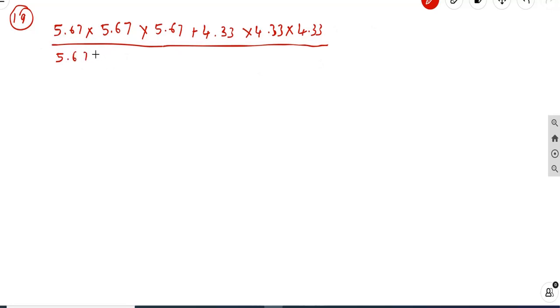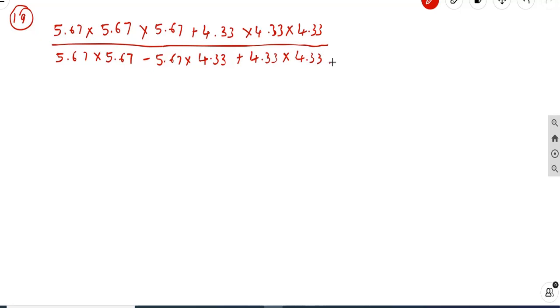It is given as evaluate: 5.67 into 5.67 into 5.67 plus 4.33 into 4.33 into 4.33, divided by 5.67 into 5.67 minus 5.67 into 4.33 plus 4.33 into 4.33.